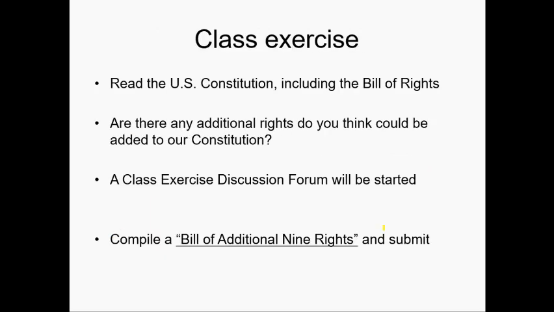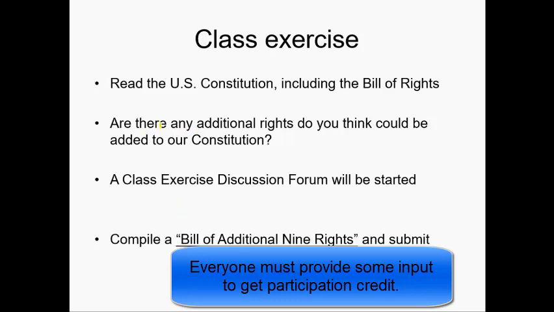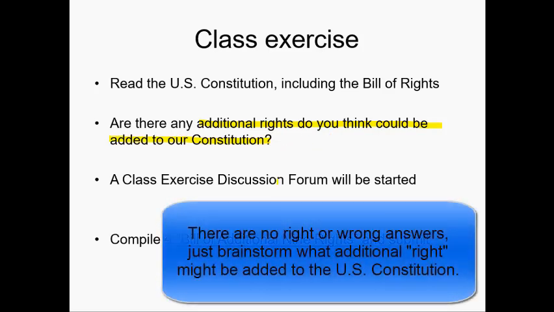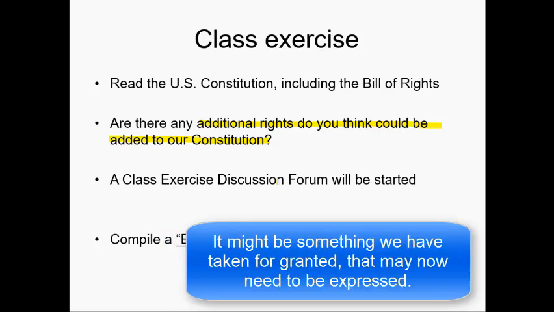All right, now the class exercise, I'll be posting this again later. In this course, everybody is required to participate in the class exercise. I want you to read the Constitution, including the Bill of Rights, and start thinking about it. Brainstorm this. Are there any additional rights that you think could be added to our Constitution? Are there rights that seem to be coming into the limelight that we might want to focus on, and it would be worthwhile making an amendment to add that right to the Constitution?